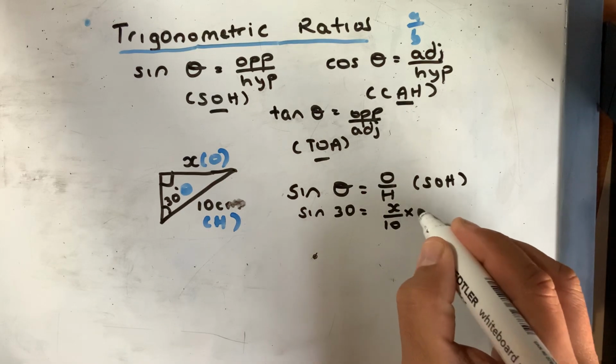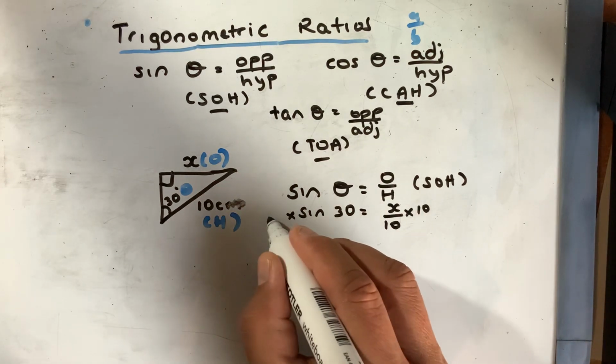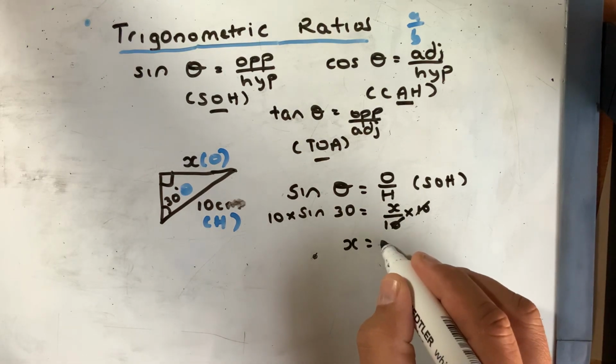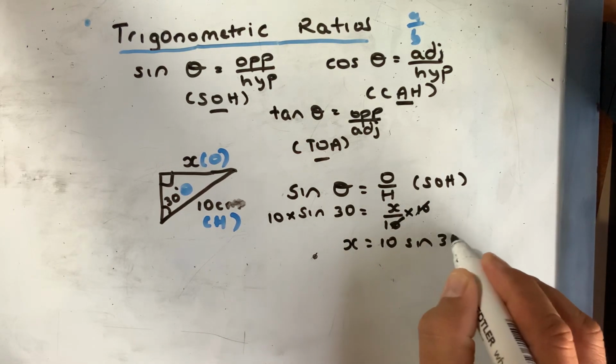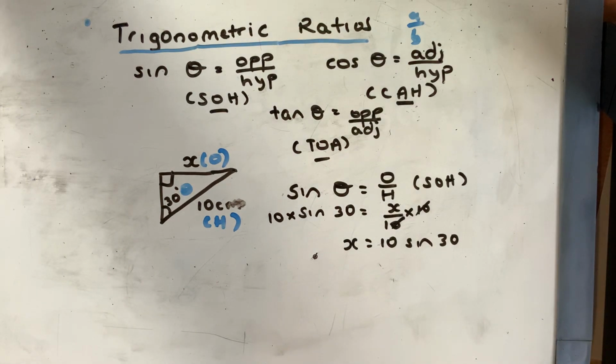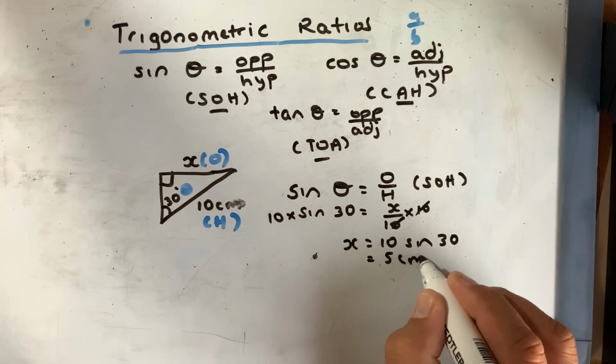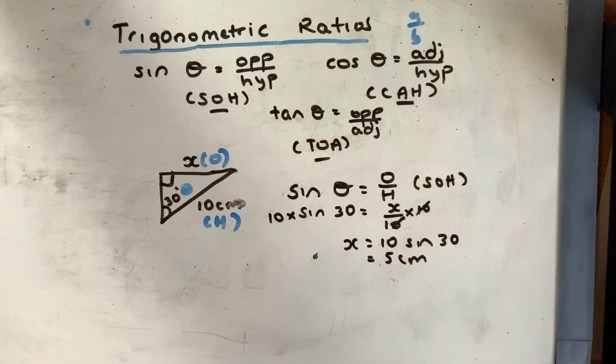So you multiply by 10 here, and the 10 will cancel out. So x equals 10 sine 30. And if you put it in your calculator, it is going to be 5 centimeters long. That is how you do trig ratio for SOH. We shall look at another example now.